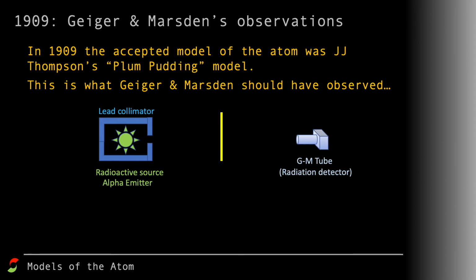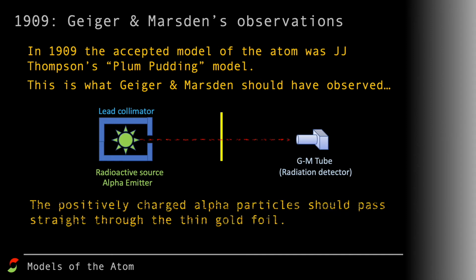There wasn't really anything that they thought should have interacted with the alpha particles enough to deflect them in any way. So the positively charged alpha particles should pass straight through the thin gold foil. That's what should have been observed.